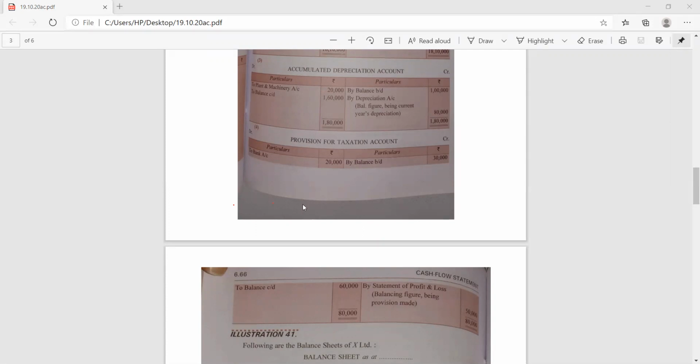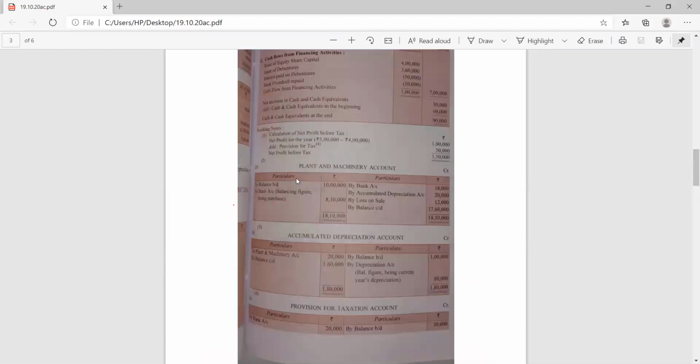And provision for tax made is to be used for the calculation of net profit before tax. You can see here the provision for tax, the income tax made, is used for the calculation of net profit before tax, and provision for tax paid is to be used at the end of the operating activity.